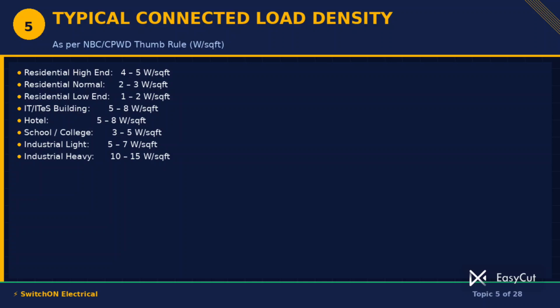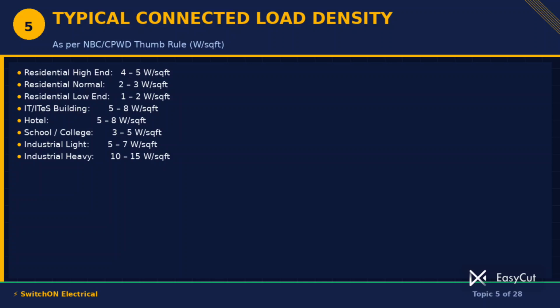If it is residential normal, 2 to 3 watt per square feet. Residential low end, 1 to 2 watt per square feet. IT and IT buildings, there the load will be more, that is 5 to 8 watt per square feet. And hotels also will be 5 to 8 watt per square feet.